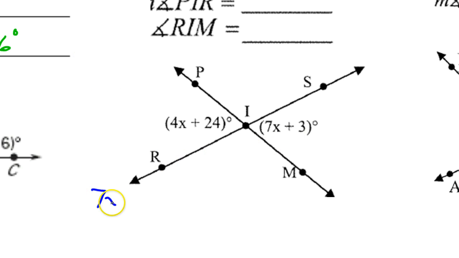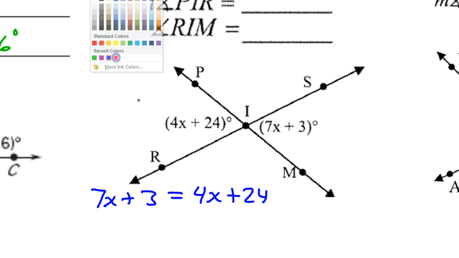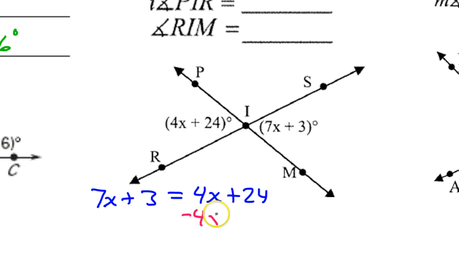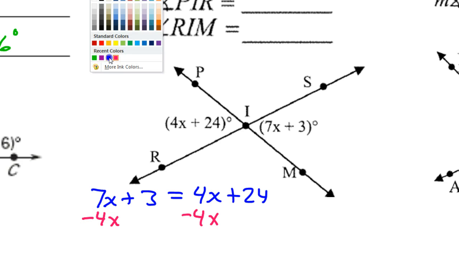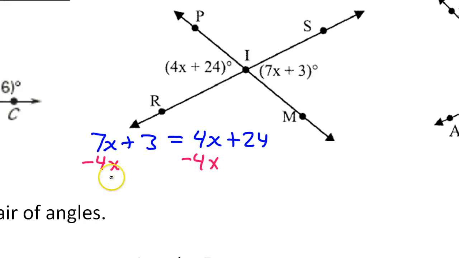So 7x plus 3 should equal 4x plus 24. When I subtract 4x from both sides, that gives me 3x plus 3 is equal to 24.